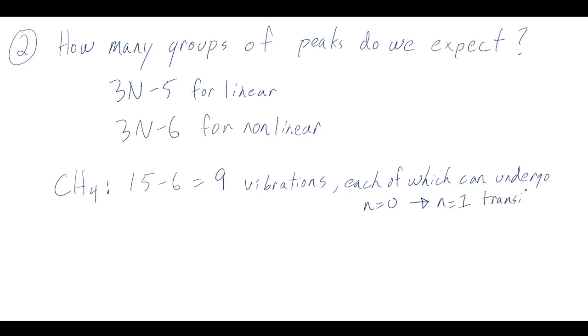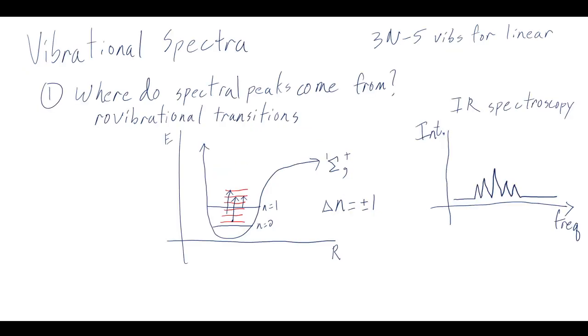Yes, there could be greater transitions, which we talked about last lecture as overtones, but for now we're limiting this to not overtones, just these allowed vibrational selection rule processes. Okay, so how many groups of peaks do we expect? We might expect for methane 9 vibrations, each of which should have this rovibrational splitting, because they each can undergo n equals 0 to n equals 1 transitions. But of course, there's going to be different rotational levels populated for that ground state.